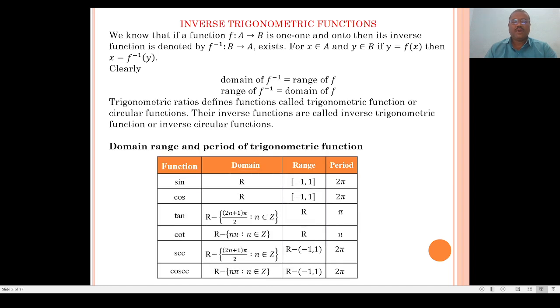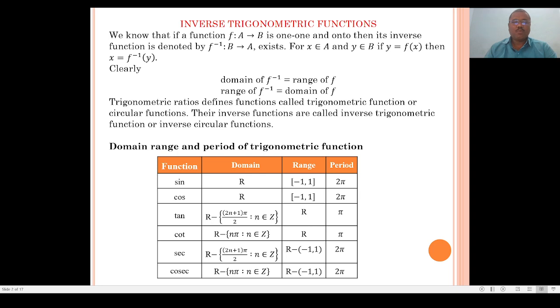For function sine, its domain is R and range is closed interval -1 to 1 and its period is 2 pi radian. So after completing 2 pi radian, the values of sine function remain the same.